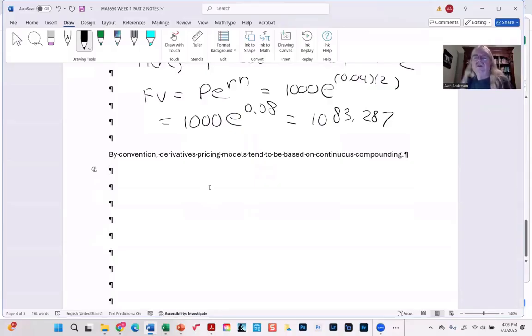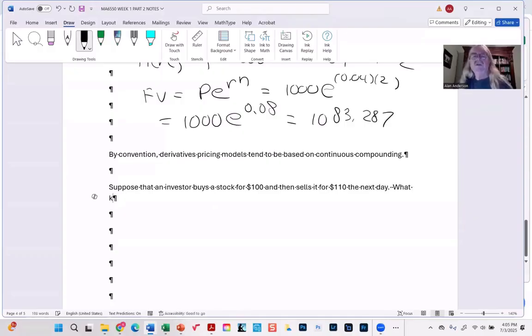So as a quick example of this, let's say you buy a stock and then sell it for 110. What kind of rate of return does this represent?